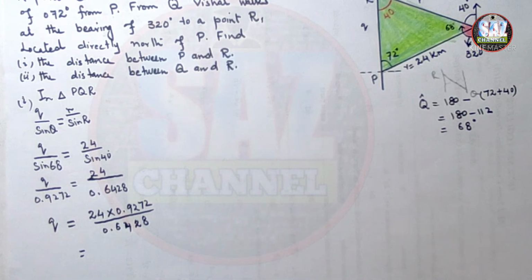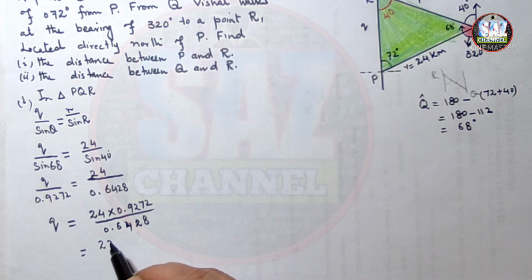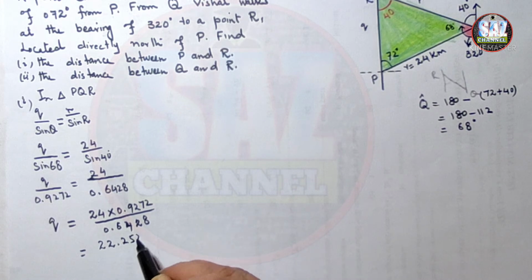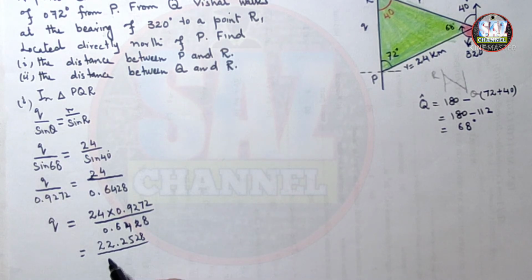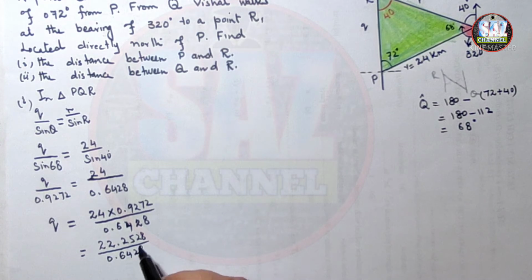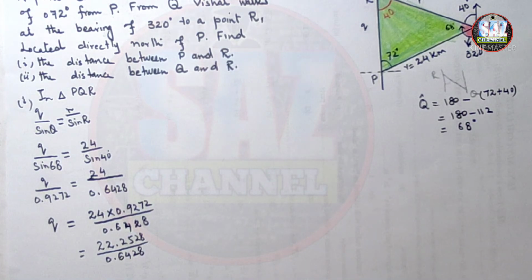First I multiply 0.9272 by 24, and this gives me 22.2528, divided by 0.6428, and this is 34.6.